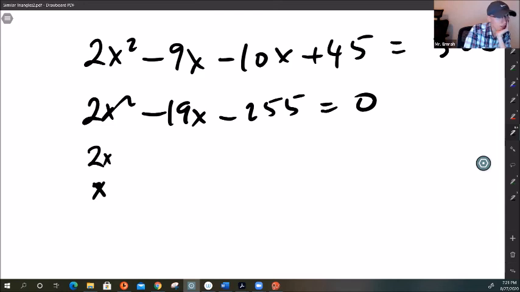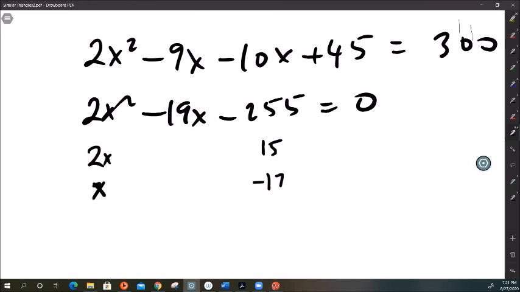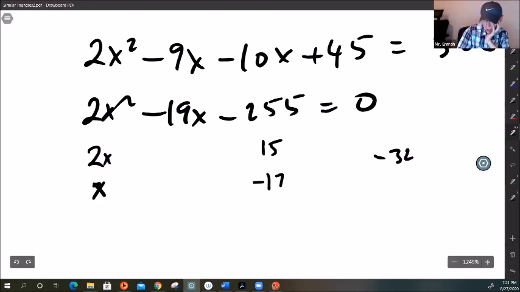Negative 17 and 15? Yeah. Negative 17 and 15. Does that work? Okay, negative 34, right? And then 15. Negative 34x plus 15x is indeed negative 19x. Okay, well that actually works.